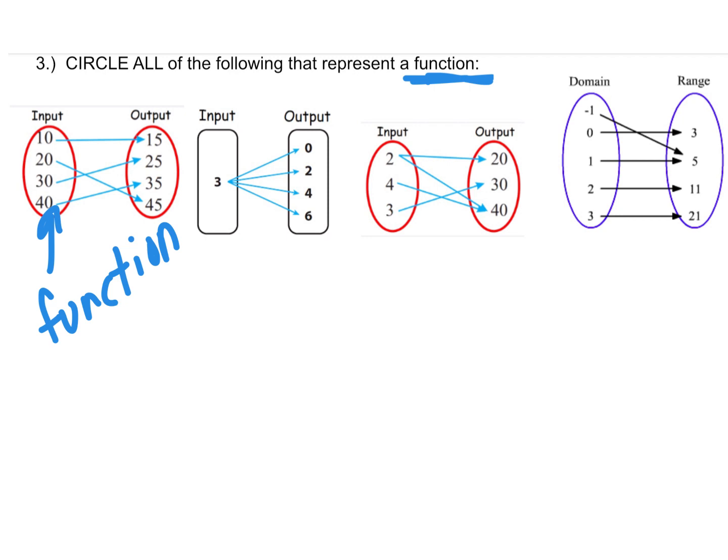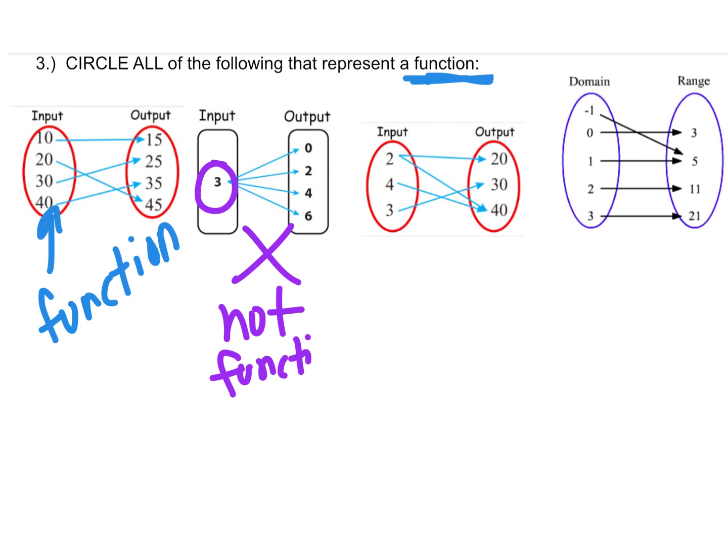The second one here, now notice that 3 pairs with 4 different things. This is not a function because the input of 3 has 4 different outputs. That is not a function. Looking at your next example, I see right away that 2 pairs with 20, but 2 also pairs with 40.